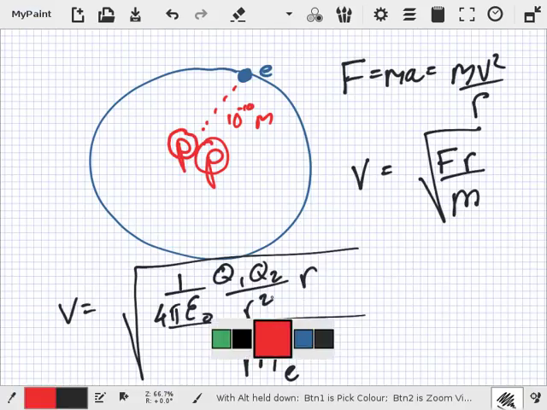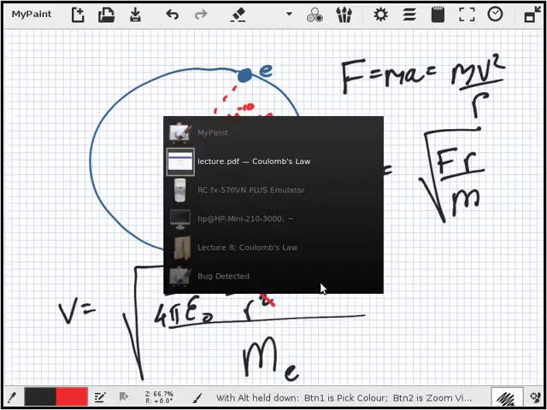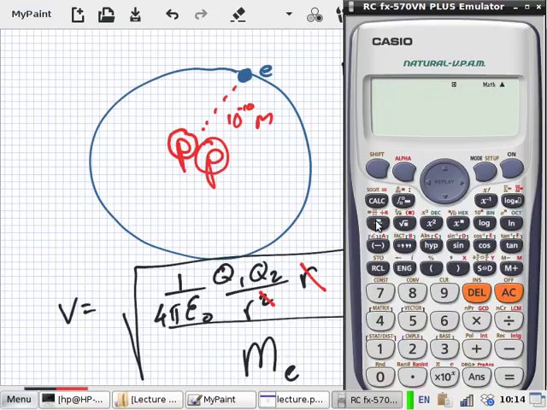So of course that's kind of nice because it means the r's cancel and we can just plop in the numbers. So plopping in the numbers. 1 over 4 pi epsilon 0. Now what's Q1 here? It's an electron. And then Q2 is 2 protons.